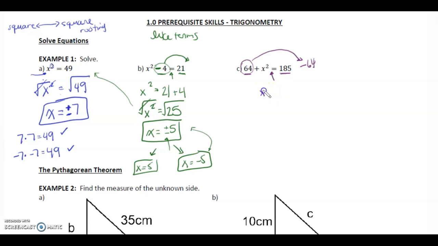So now we have x squared equals 185 minus 64. Okay, so 185 minus 64, we get 121. So bring down the x squared, bring down the equal sign, and then this simplifies to 121.